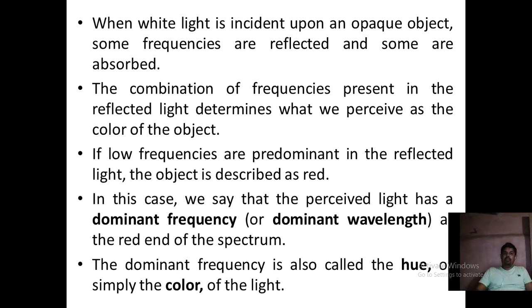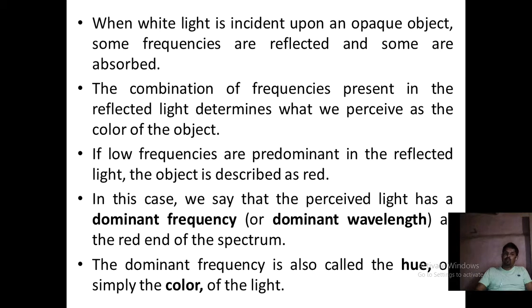In this case we say that the perceived light has a dominant frequency. It means whichever color object you are seeing, that color light has a dominant frequency or dominant wavelength, as the red end of the spectrum.